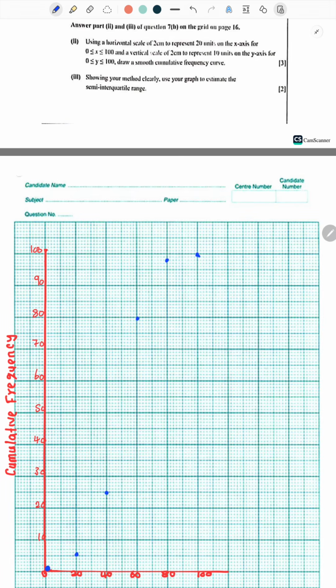So now we can draw a graph. Our graph is going to come out like this, then it goes on like that, and then it will go on like that. Okay, this is how you draw your graph.